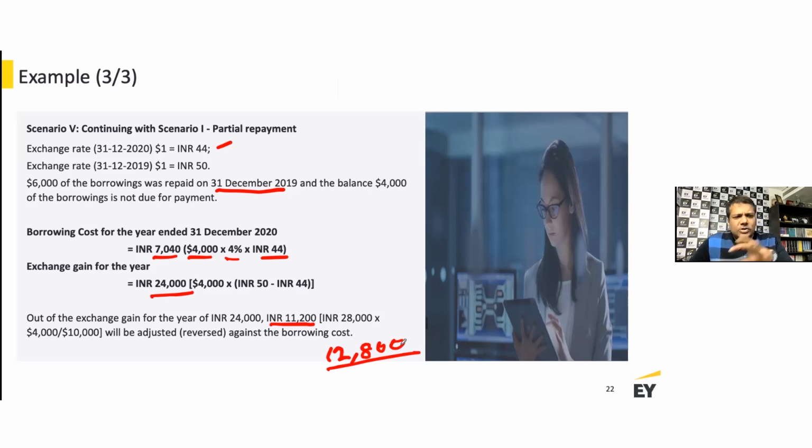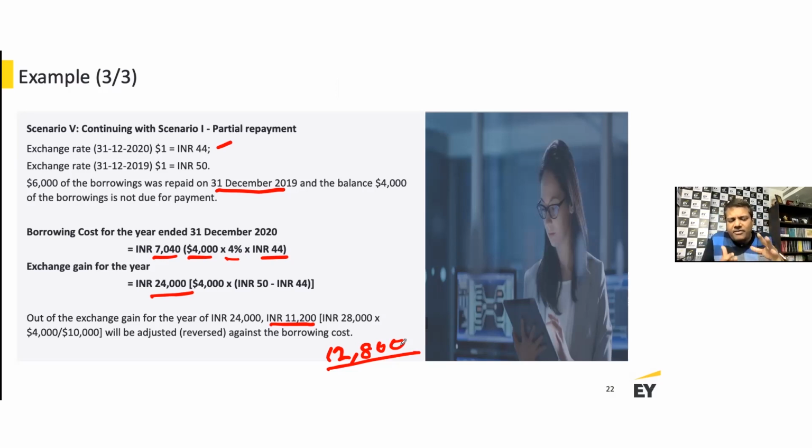All right. So I think we've looked at several scenarios, and the bottom line here is you have to remember that Ind AS 23 allows the foreign exchange loss in relation to a foreign currency borrowing, if you have a qualifying asset, to the extent that the foreign exchange loss is compensating because you borrowed money at a lower interest rate. It's compensating the saving of interest if the money would have been borrowed in the local currency.